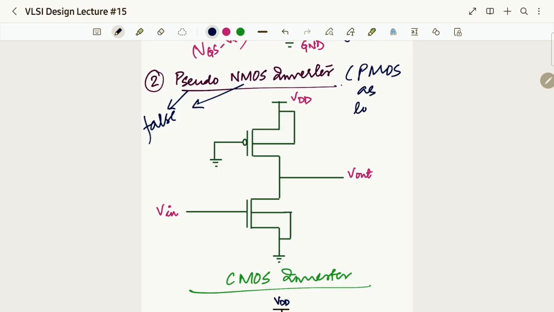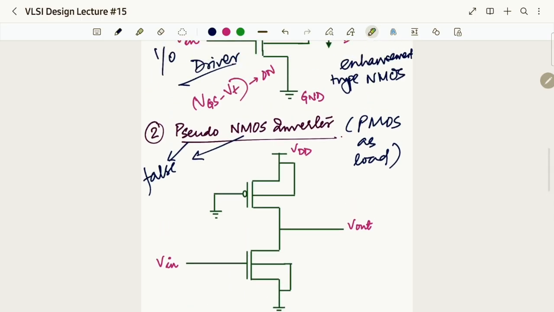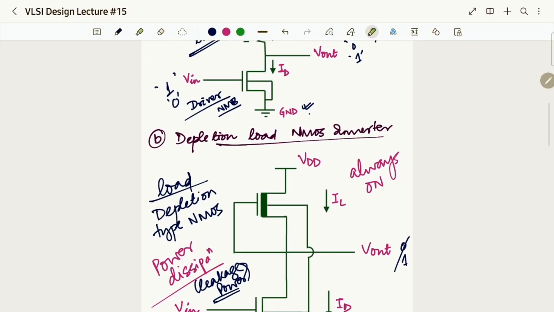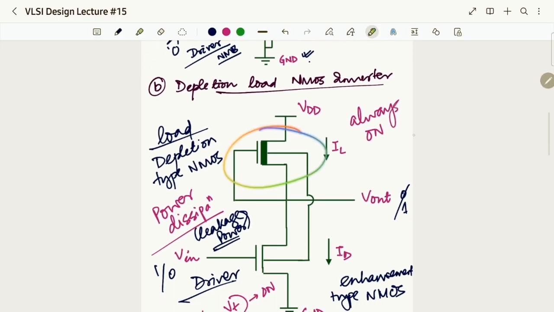And where are we replacing it? Is the driver a cause of our problem? No, it was the load. It was the load that was acting up. We needed to improve the load part of our circuit. So we are replacing, first we replaced the resistive load by what? We replaced it by a depletion type NMOS.